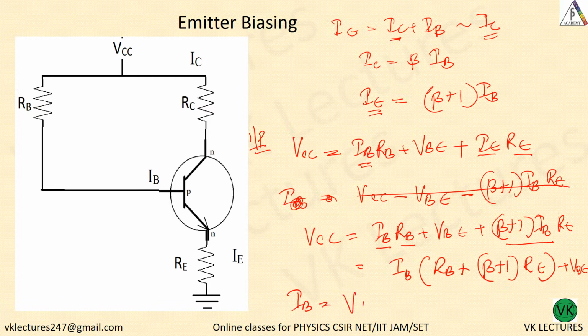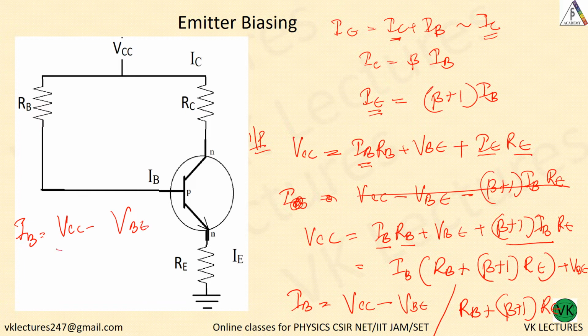IB is equal to VCC minus VBE divided by RB plus beta plus 1 into RE. So this is your IB. So once again we will write here IB is equal to VCC minus VBE divided by RB plus beta plus 1 into RE.